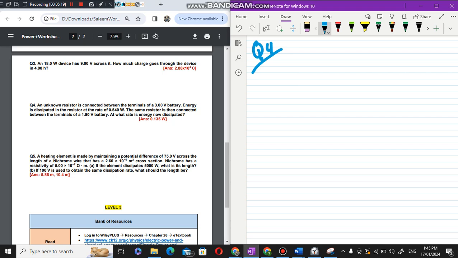So we'll do the following. We know that power old is equal to 3 squared over R unknown.